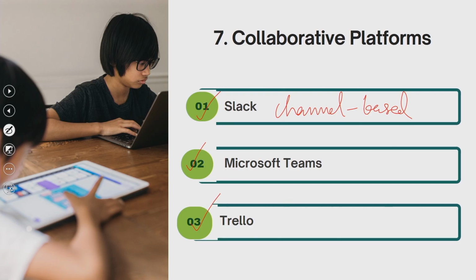Trello is a visual project management tool that uses boards, lists, and cards to help teams organize tasks and workflows effectively. So you see that the key features of Trello include Kanban style boards for visual task management, customizable lists and cards to fit various workflows, collaboration through comments, attachments, and due dates on cards.